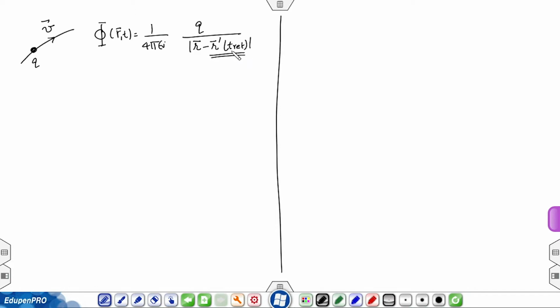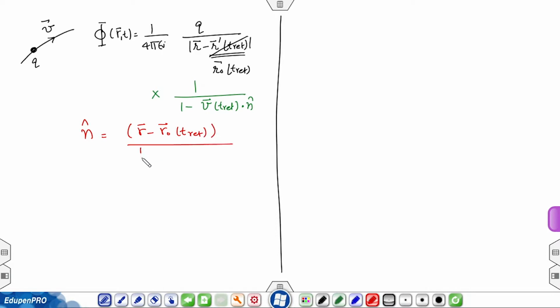To be better placed, let me write this as r naught at t retarded, so that indicates the position of the particle, and multiplied by this factor which is 1 over 1 minus v at t retarded dot n, where n is equal to r minus r naught t retarded divided by this modulus.